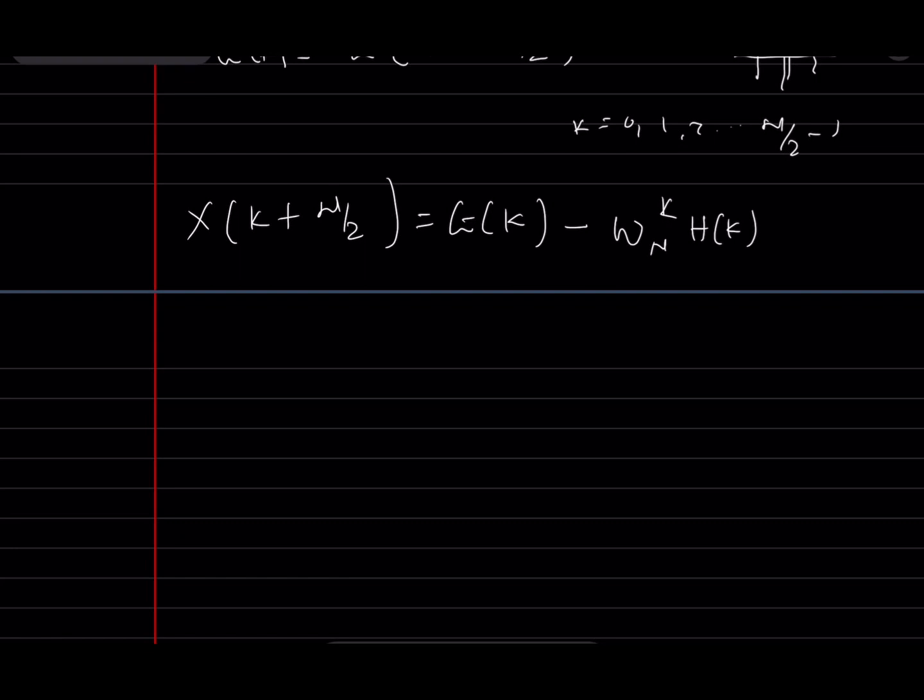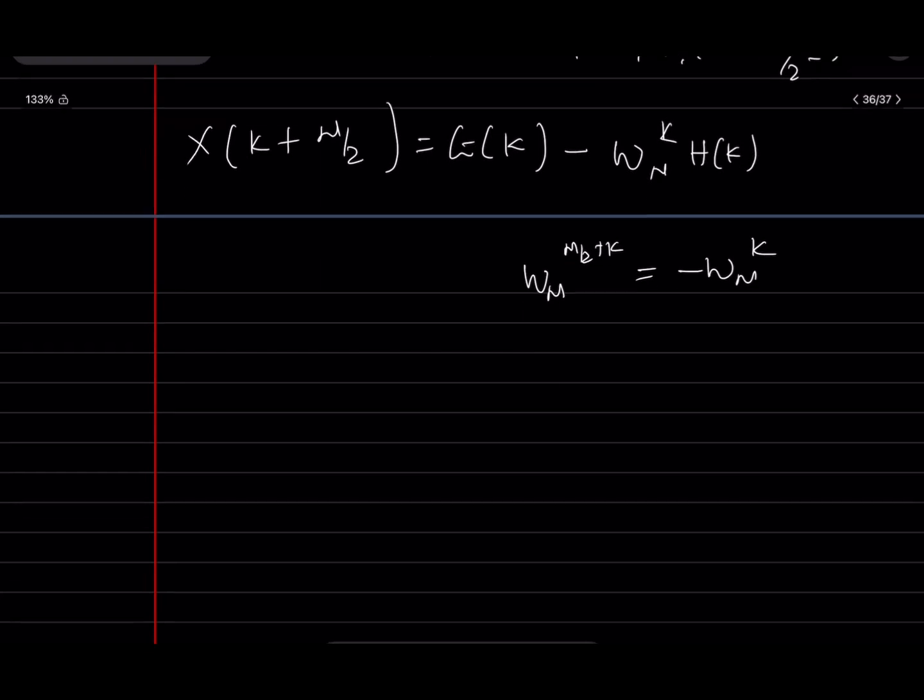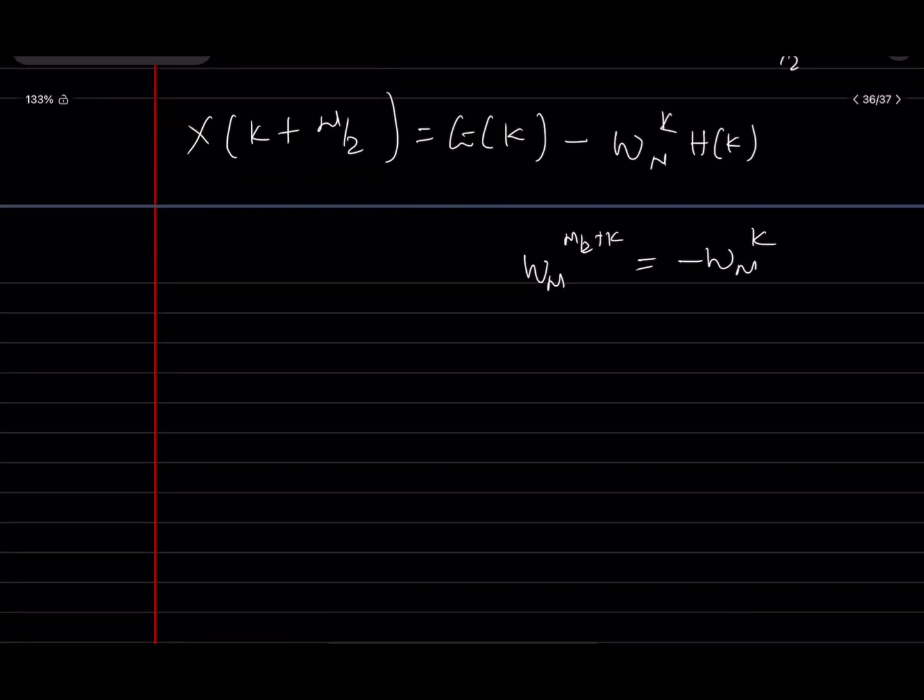This is what we have, because we are aware of the property that omega N of 2 plus k is equal to negative omega N k. So if we have the one for the positive side, then obviously the other one moves to the negative side. Looking at it, this one made the negative sign over here.